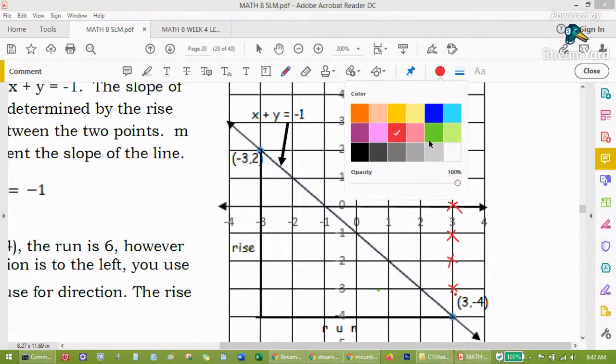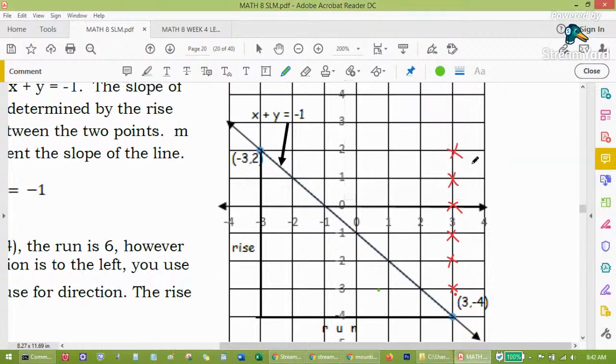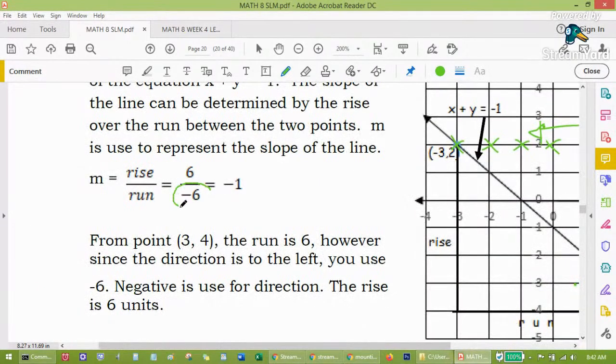So, simula dito, 1, 2, 3, 4, 5, 6. 6 places. And since tumakbo tayo pa kaliwa, that is a negative run. So, yung run niya is negative 6.